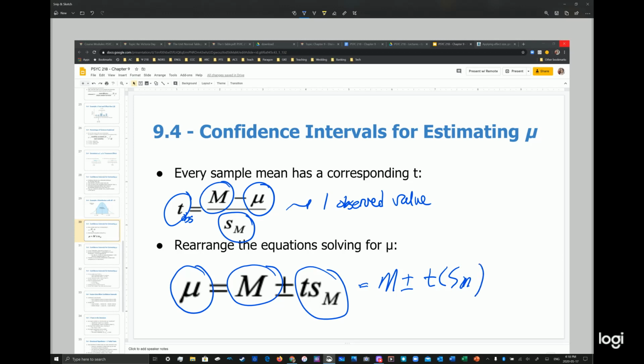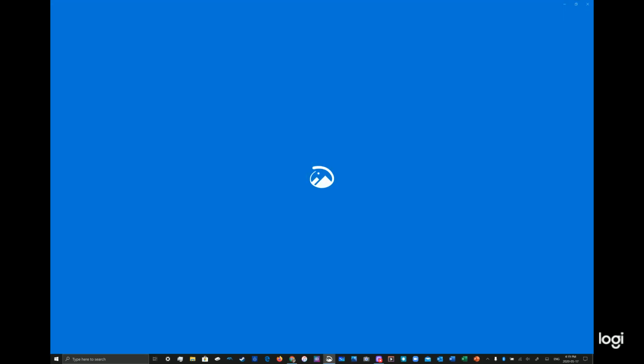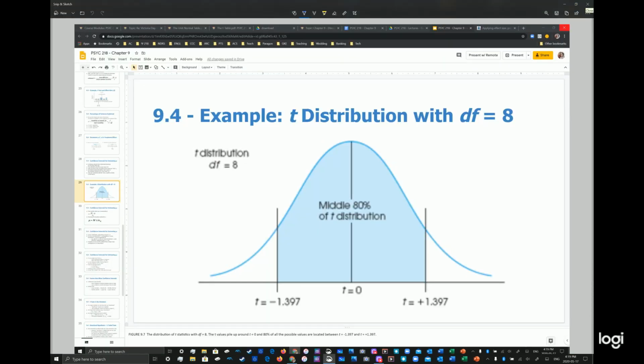So if we go back to our previous example, let's say we want to find the confidence interval of 80%. Again, let's say we've done the formula and we have the values we need.